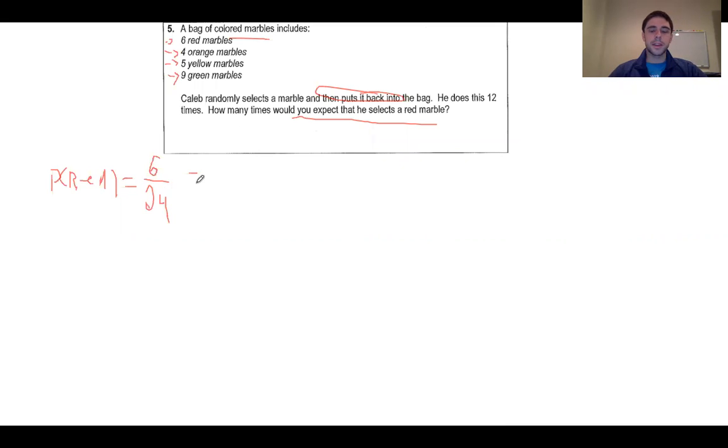And then what are we going to set that equal to? I don't know what happened to our participation here. A lot of people here need to participate.